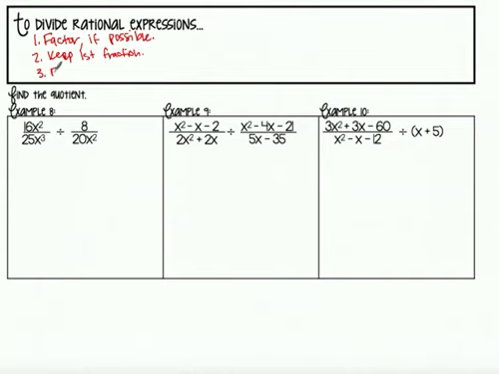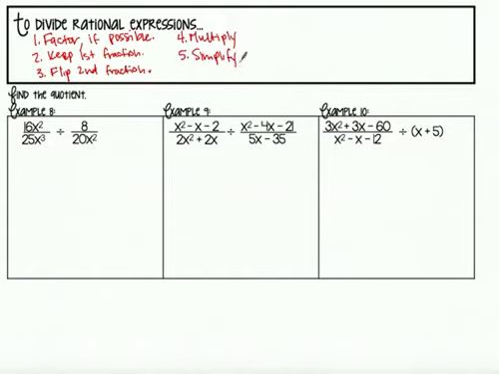For the third step, I'm going to flip the second fraction. My fourth step is I'm going to multiply this time instead of dividing. And my fifth step is going to be to simplify.